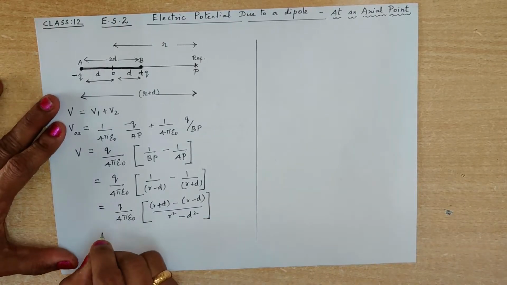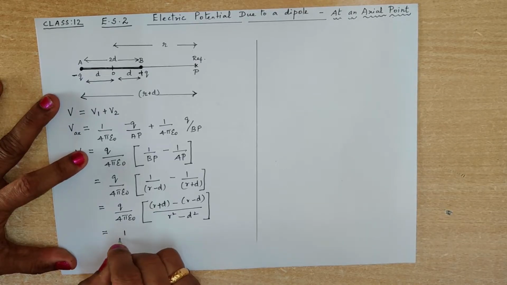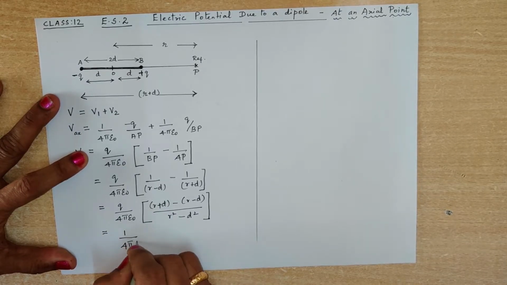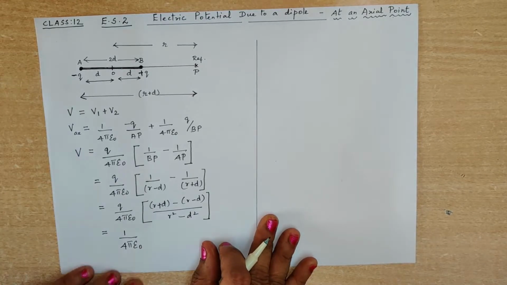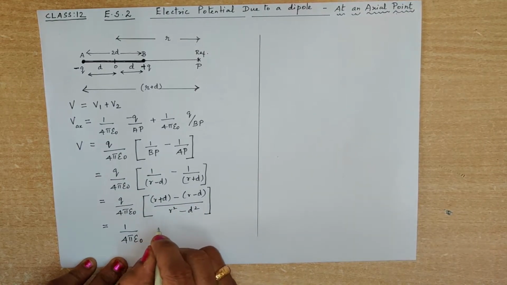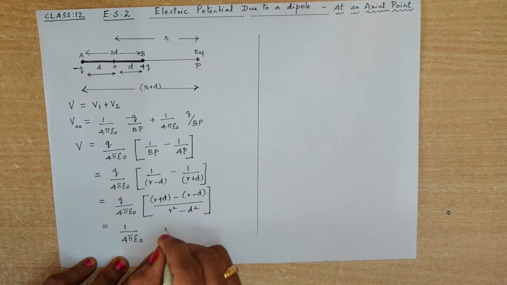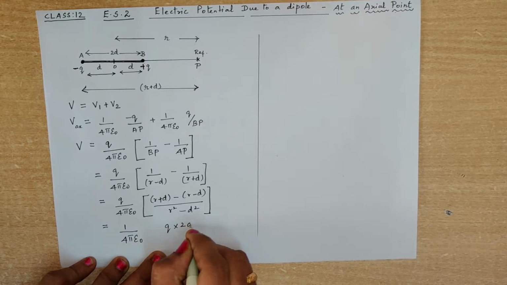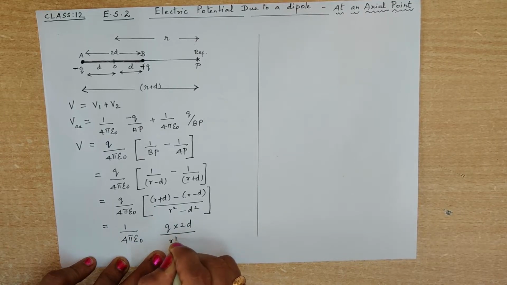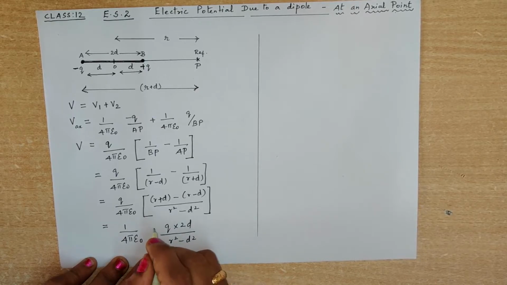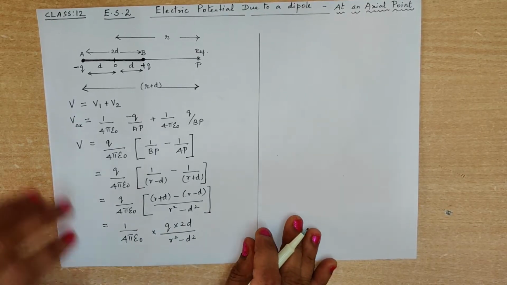The final expression will give you 1 by 4 pi epsilon naught, and q can be taken along, so I get 2d in the numerator and r square minus d square in the denominator. You can also solve it and check.